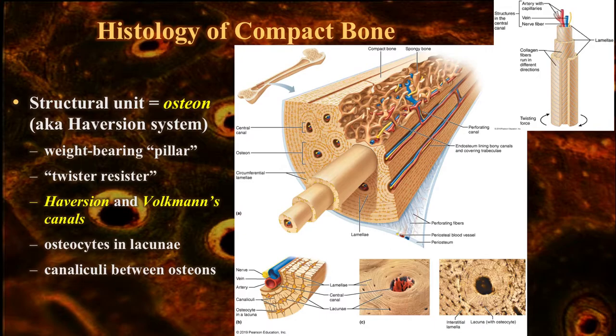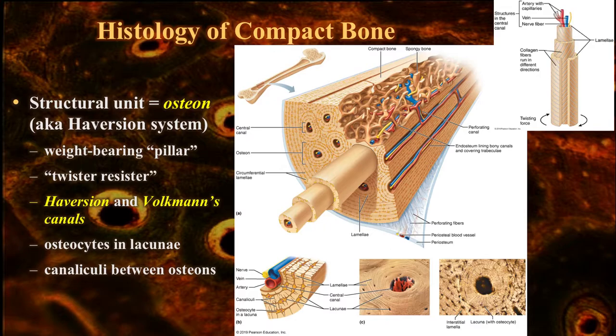Blood vessels and nerves. Yeah. Okay, blood vessels and nerves are going to travel through that. And the central canals, or Haversian canals, are going to run in the direction of the bone, so lengthwise through the bone.